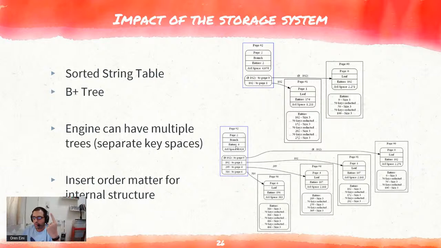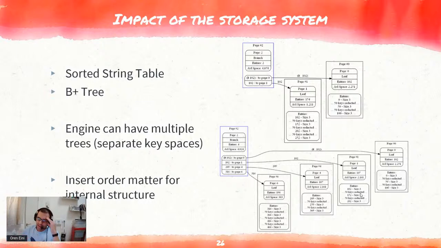This is one time going to the disk, and I can see that 102 is not here because this is everything that is less than 102. 102 is here because this is 102 to 209. So now I have to read this page. And now this is a second read. I get this 8 kilobyte page, and now I have 102, and I had 2 reads from the disk to get the data.